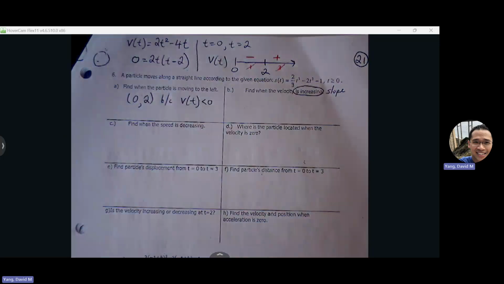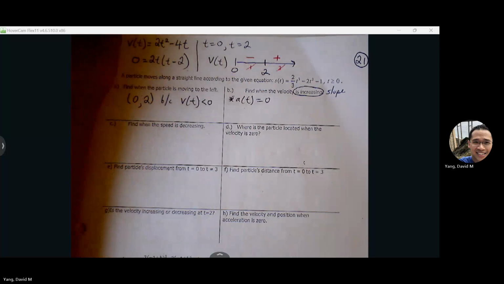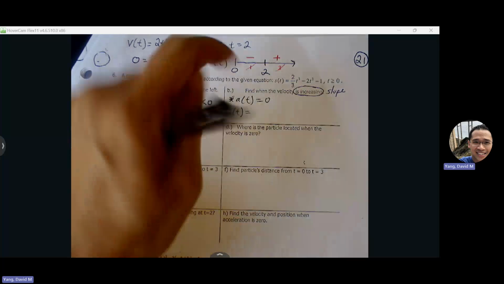What we can do is create an acceleration sign line and see, okay, when is acceleration going to be positive? When is acceleration going to be negative? So set acceleration equal to 0. So power rule again, 4t minus 4, equal to 0.